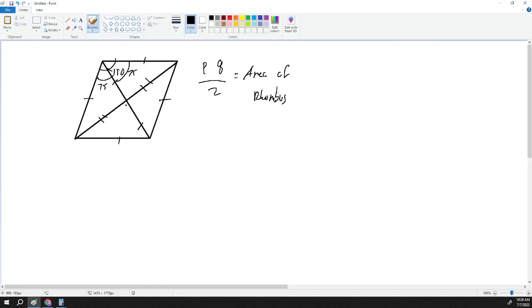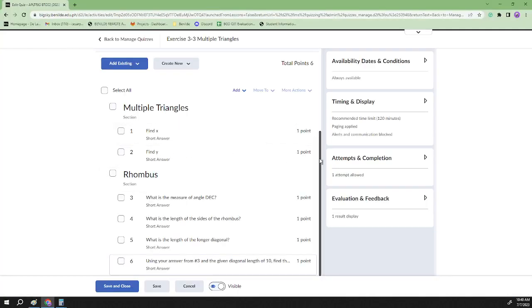Okay? So to get the area of the rhombus, you just multiply the diagonals to each other and divide by 2. Alright, so go answer 3-3. We'll discuss it after 10 minutes.